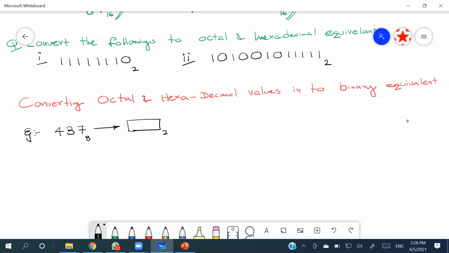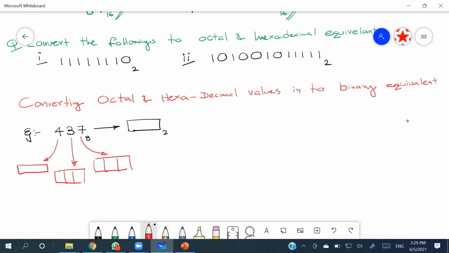The binary number is divided into groups which have 3 characters in it. Now here what we are going to do is write each and every character of octal by using 3 character binary.